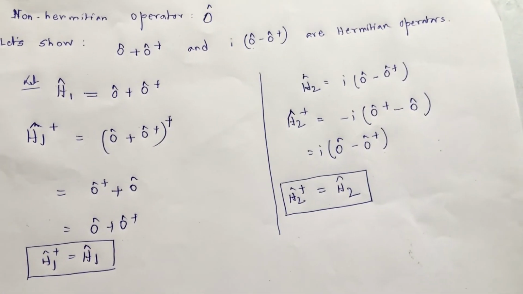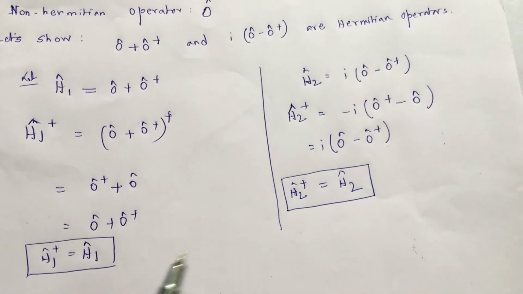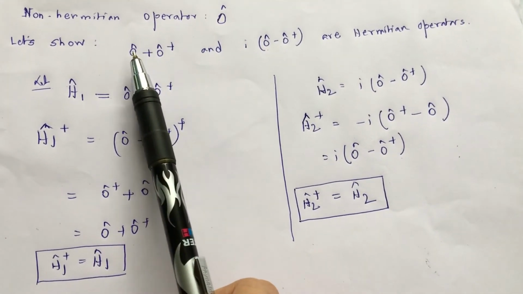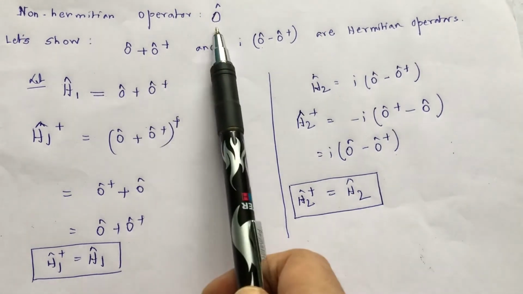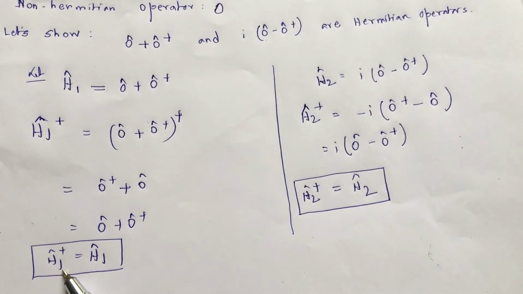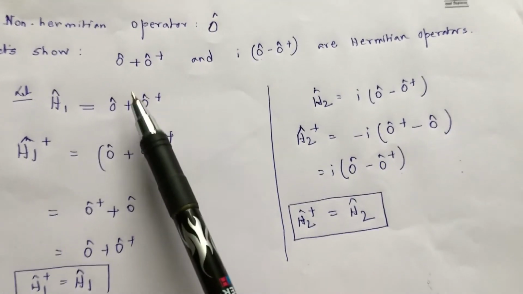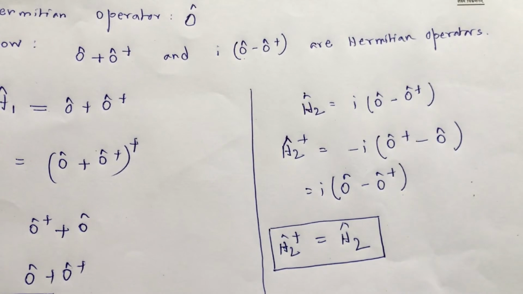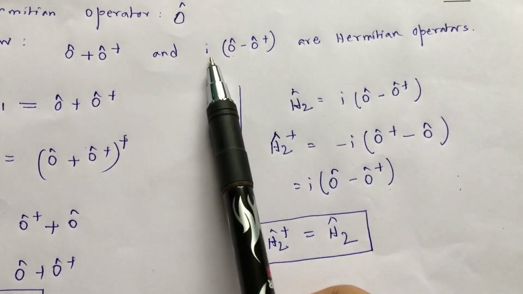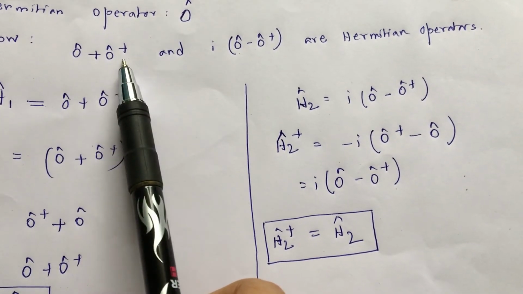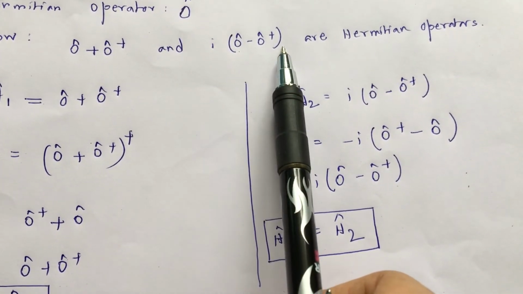Let me show you one more thing, that suppose this O is a non-Hermitian operator, and if we make a linear combination of this O and O dagger, I will get a Hermitian operator. For example, if the linear combinations of O and O dagger look like O plus O dagger and i(O minus O dagger), so this is an operator, and this is another operator.